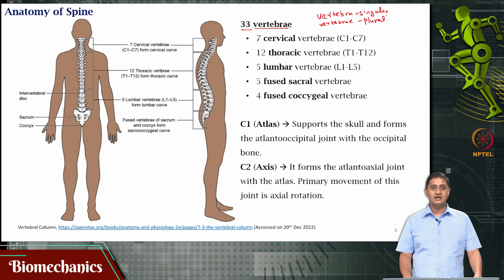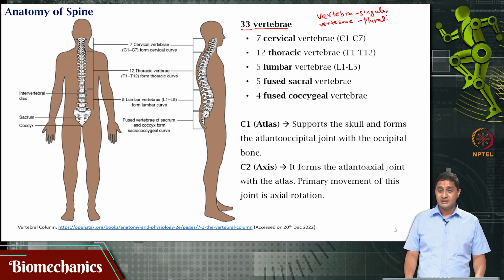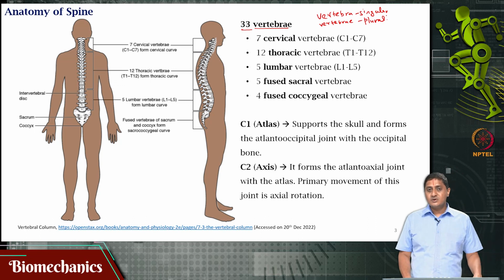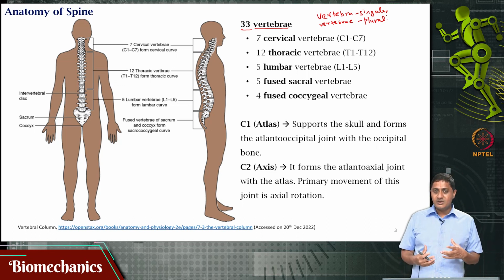I can also make that movement, lateral flexion and extension, that movement. I can also rotate my head like this. Right. These movements are also allowed. So, you want to support, while at the same time you want to allow some movement of the head. Right. So, this is achieved by the presence of this vertebral column, by this system.